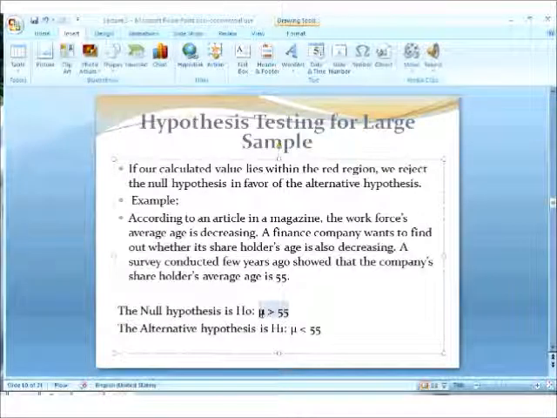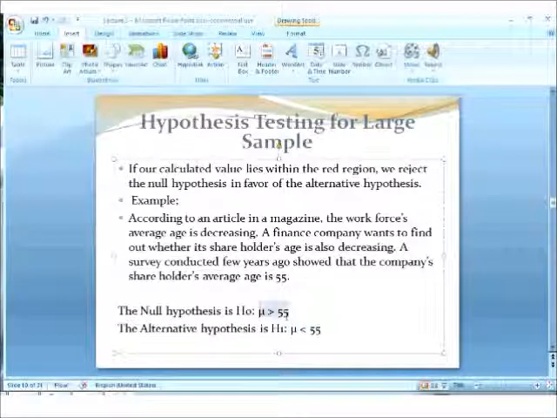Because they do not totally agree with what they read in this article, their assumption is that mu is greater than 55. Now, the alternative hypothesis, the opposite hypothesis, is that mu is less than 55. The mean age of the workforce is less than 55. Their basic formulation, their statement, is that the mean age of the workforce is greater than 55. The alternative is mu is less than 55.